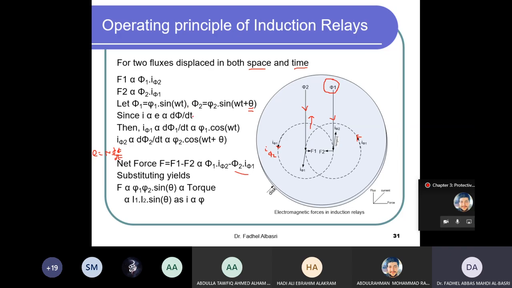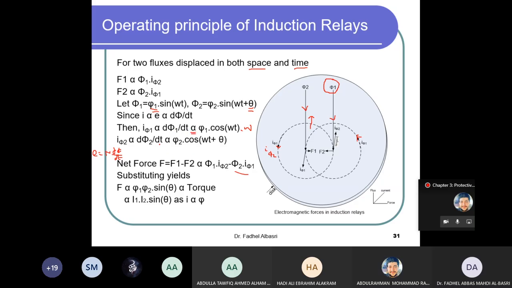If you take the derivative of this, I'll get phi maximum cosine omega t times omega, right? I didn't write omega, just proportional to phi maximum. Yes, this alpha symbol means proportional.